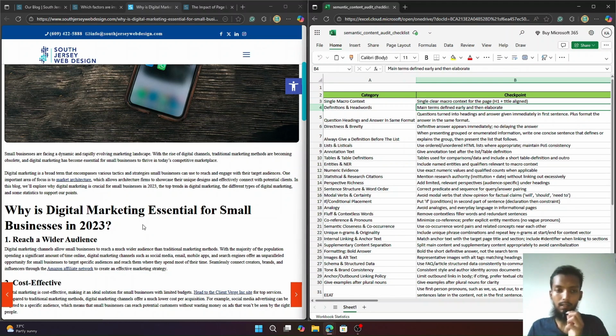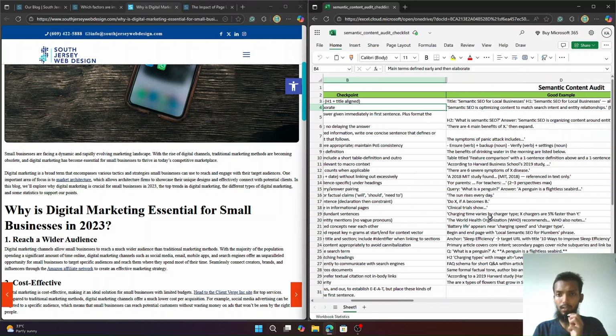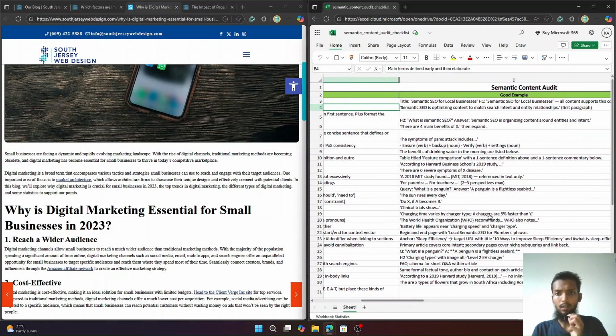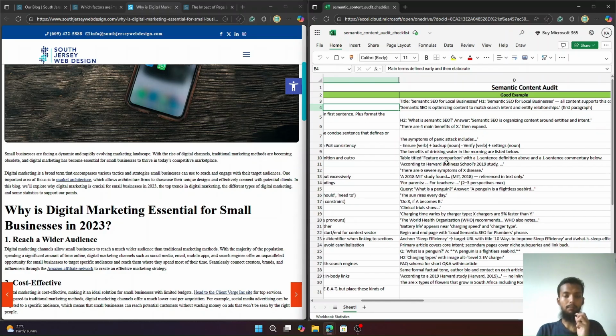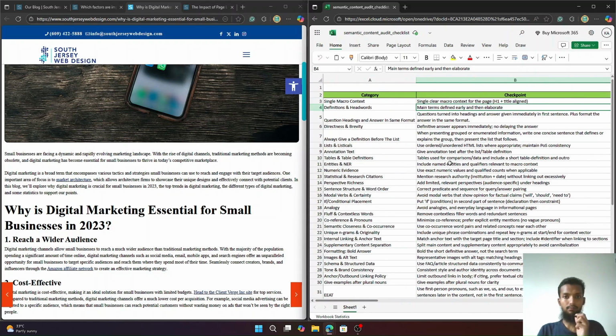They could do that after that. And then the headwords, main terms defined early. The definition should be like "digital marketing is this." So this is just an example of what a main term defining looks like.